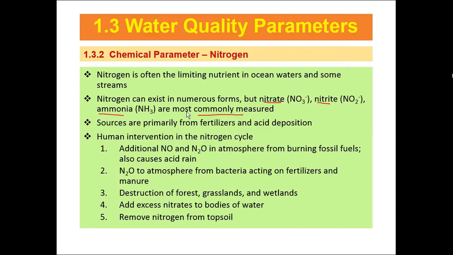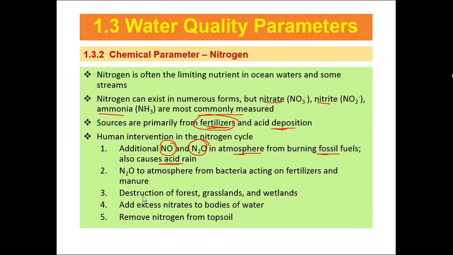Okay, the sources of nitrogen are commonly fertilizer and acid deposition. Fertilizer for plantations is human intervention in the nitrogen cycle. Addition of nitrogen oxide to the atmosphere from burning fossil fuels also causes acid rain.